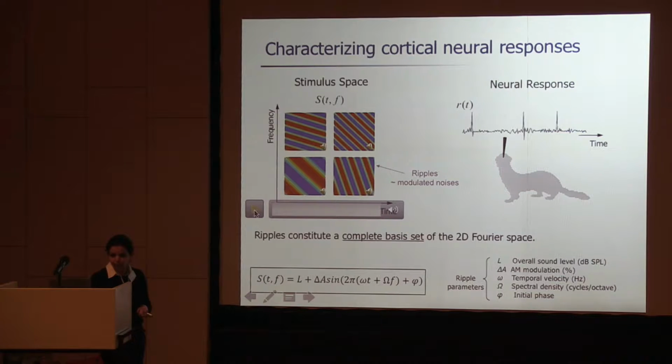So I'll just play a few examples of these ripples. You see this nice contrast in the temporal dynamics, and similarly between these two ripples that have different spectral modulations.